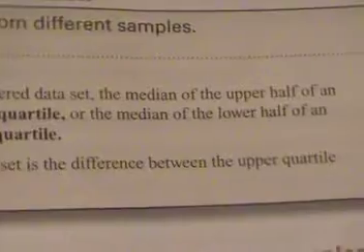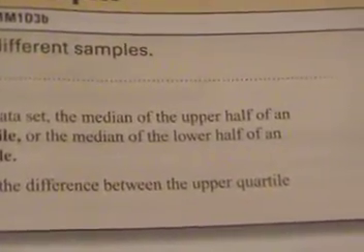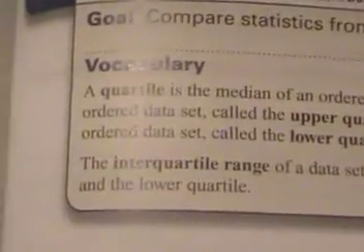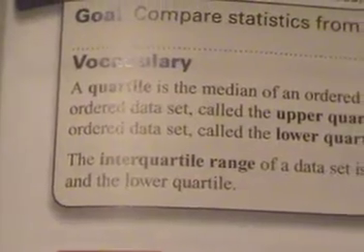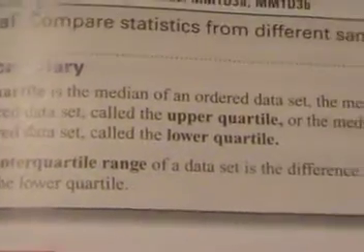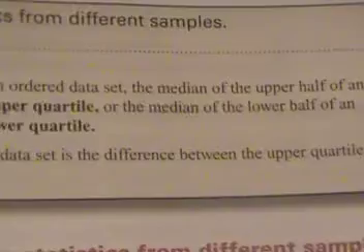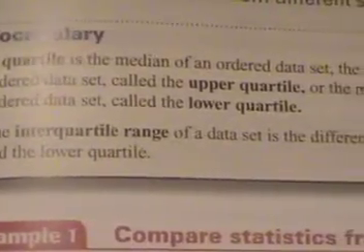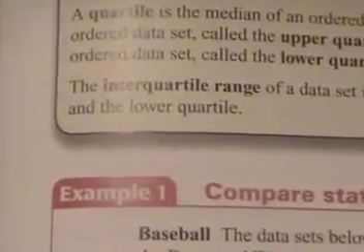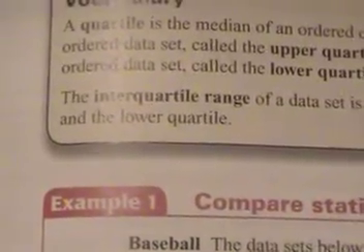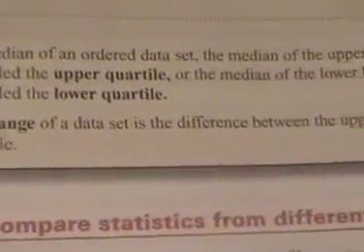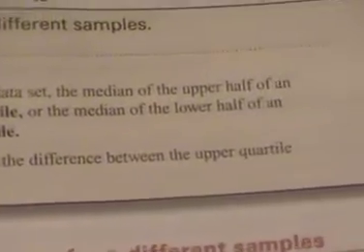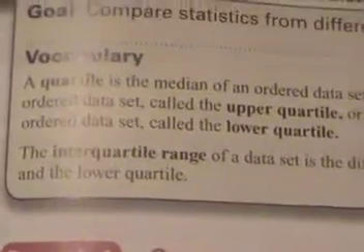The median of the upper half of an ordered data set is called the upper quartile, or the median of the lower half of an ordered data set is called the lower quartile. And the interquartile range of a data set is the difference between the upper quartile and the lower quartile.